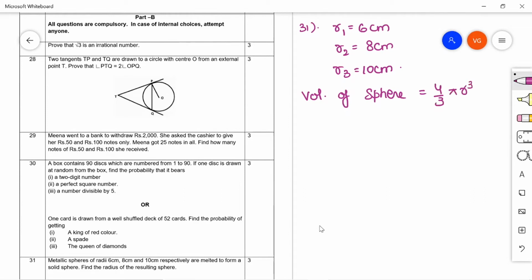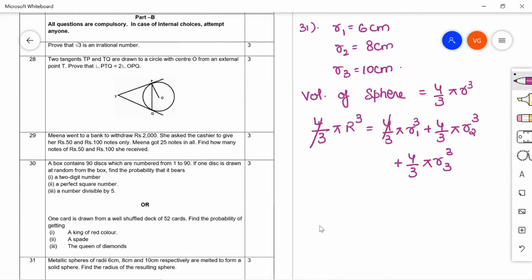The resultant big sphere, I am taking its radius as capital R. So 4/3 pi R cube is equal to 4/3 pi R1 cube plus 4/3 pi R2 cube plus 4/3 pi R3 cube.